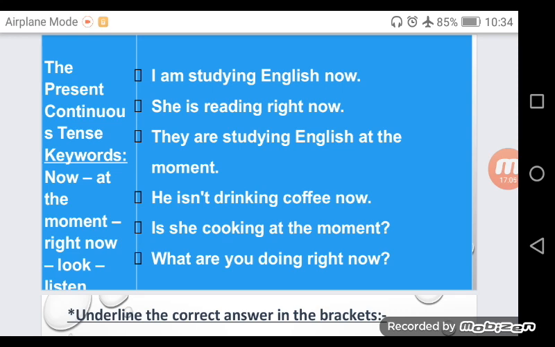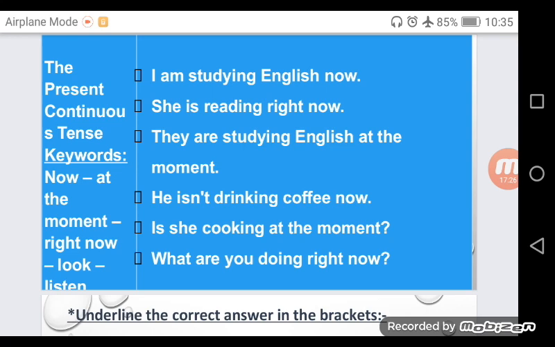Finally, what are you doing right now? This is also another question, but it is a WH question. The three parts of the present continuous are, do, ing.